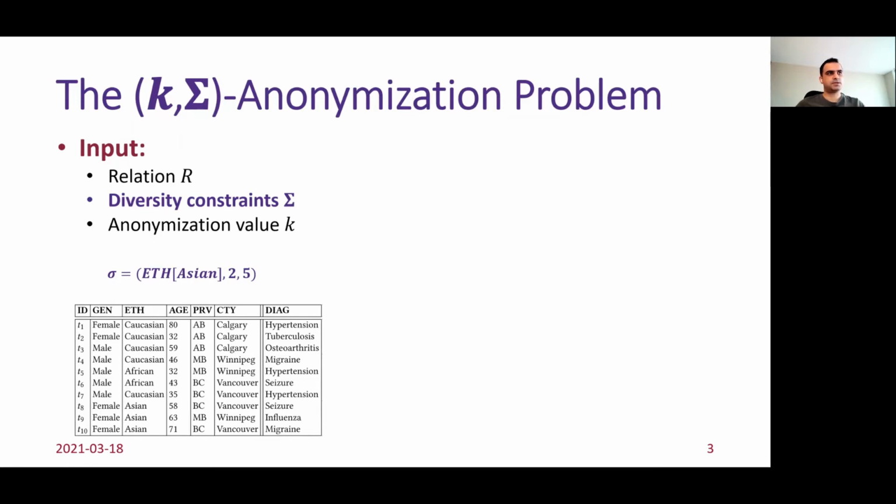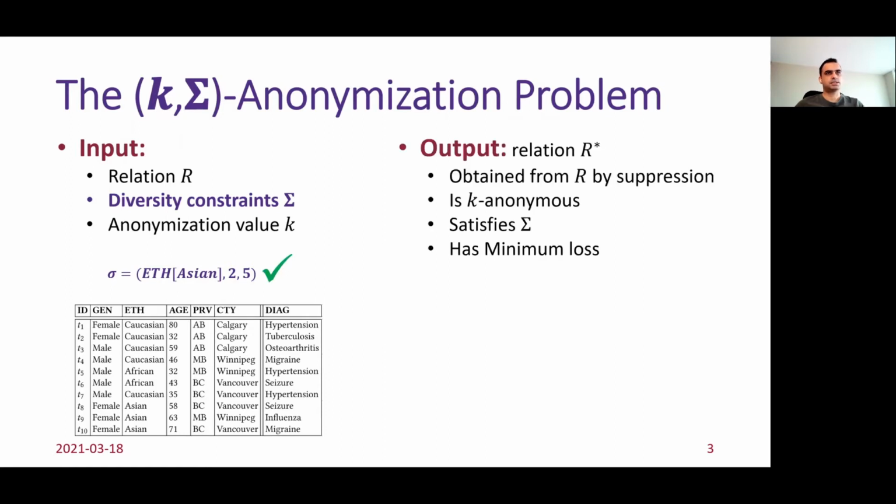Then the expected output in this problem is a relation R star that is obtained from R by suppressing some values to make it k-anonymous. We also need the relation to satisfy these diversity constraints. And like the usual k-anonymization problem, we also need the result to have minimum information loss.